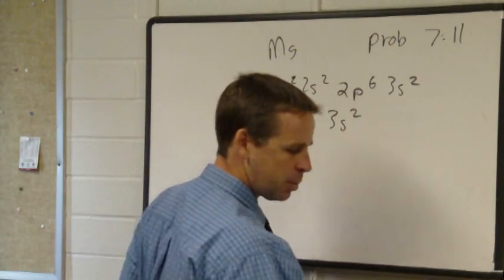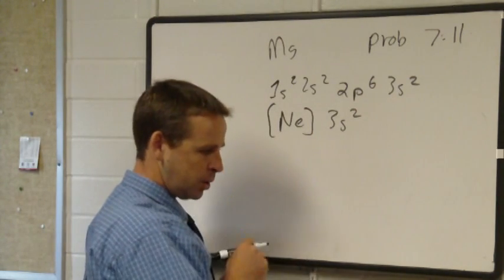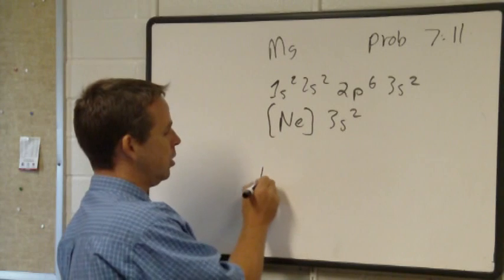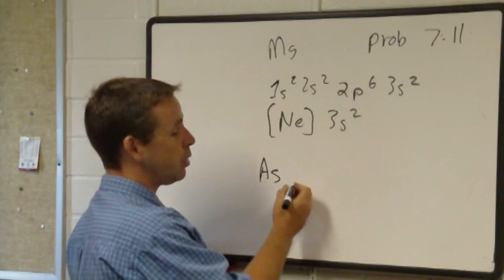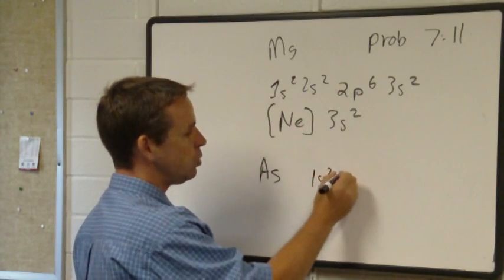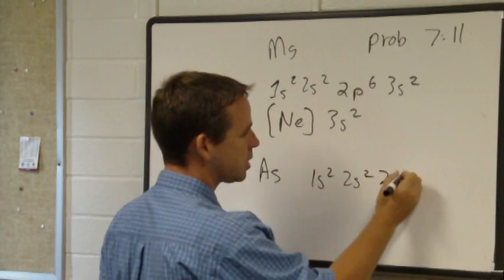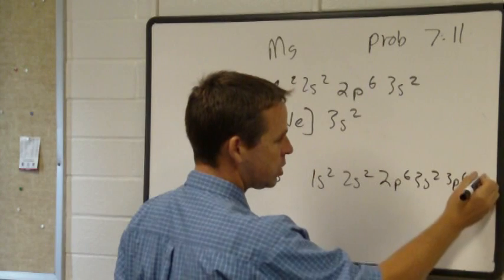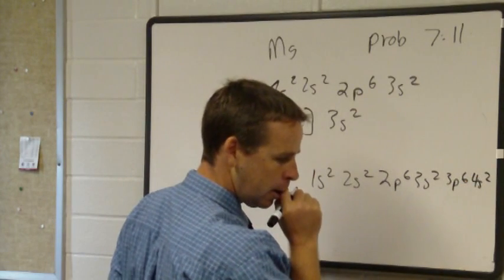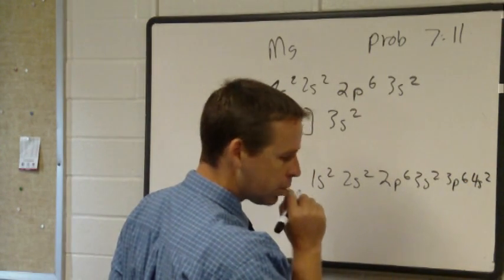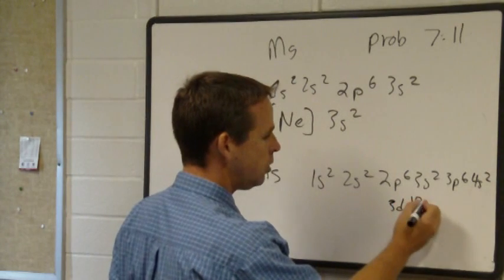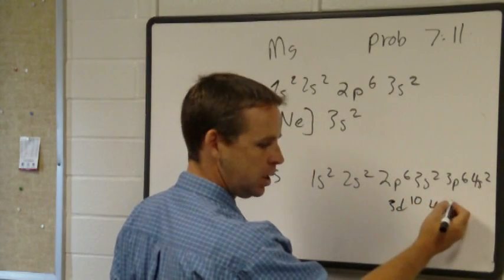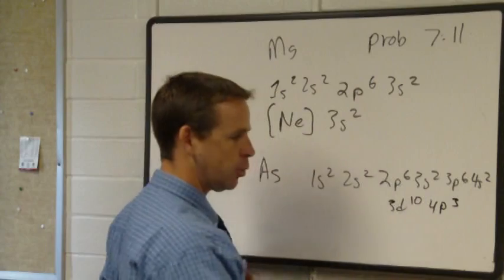If I do one more example, let's do arsenic. The electron configuration for arsenic: 1s2, 2s2, 2p6, 3s2, 3p6, 4s2, 3d10, 4p3.